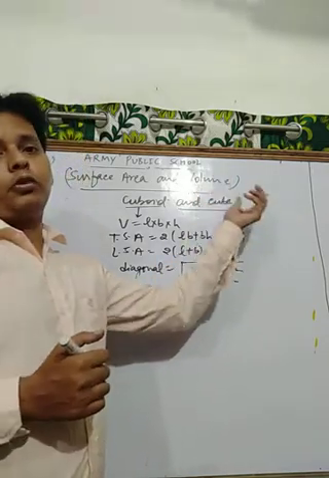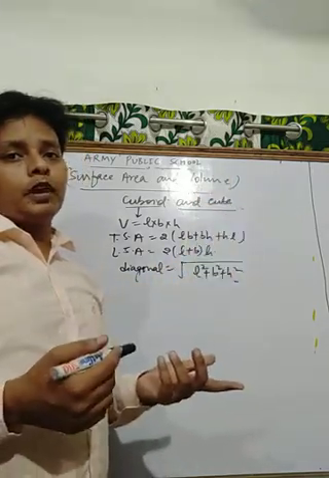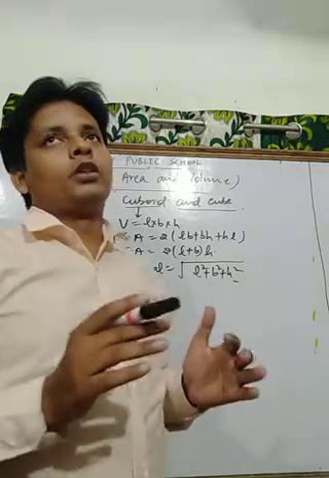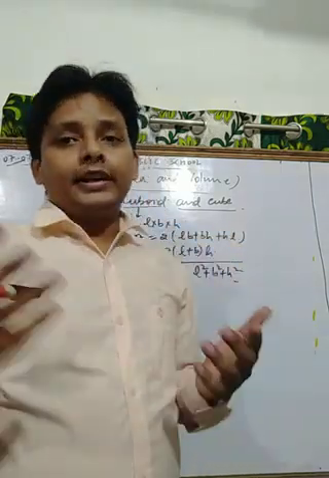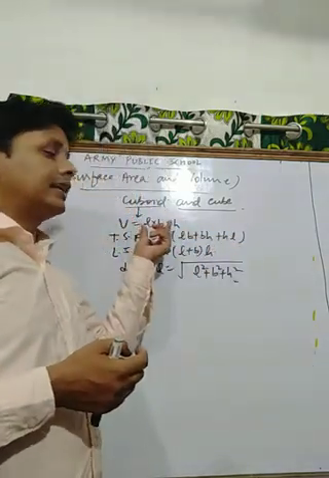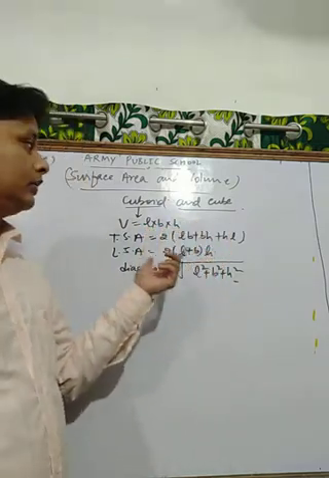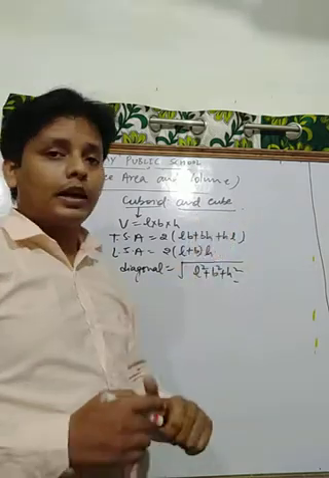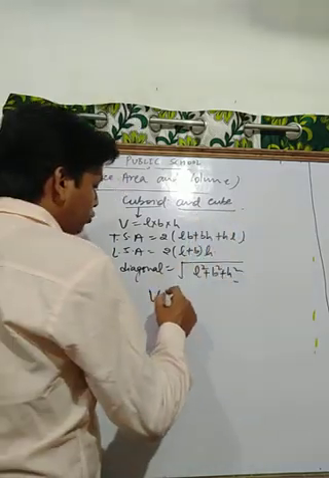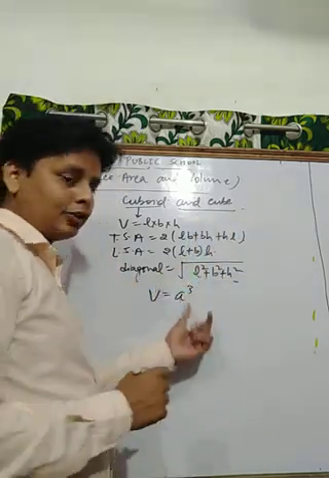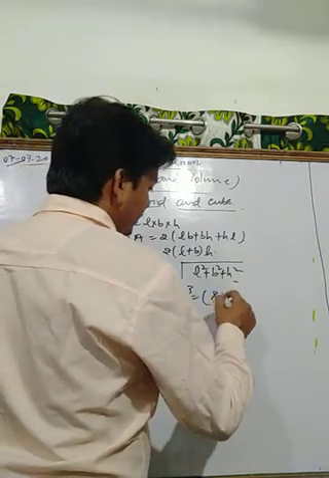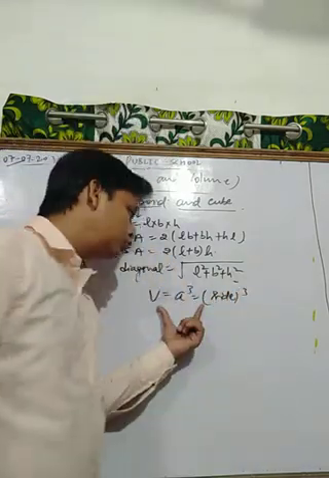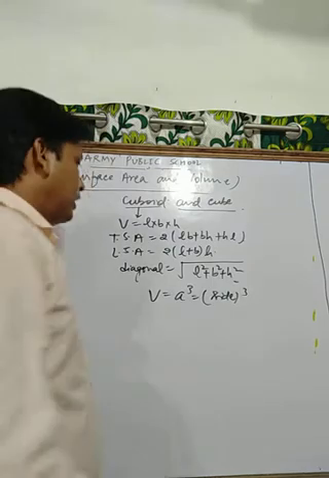We also discussed the formulas of a cube. What is a cube? A cube is a special type of cuboid in which all sides, that is length, breadth and height, are equal to each other. Then it is called a cube. In the case of a cube, the volume is a cube, that is side cube, where a is the side of the cube.